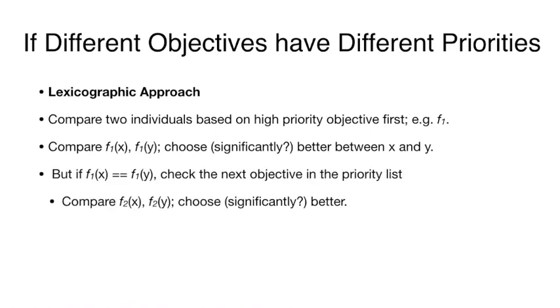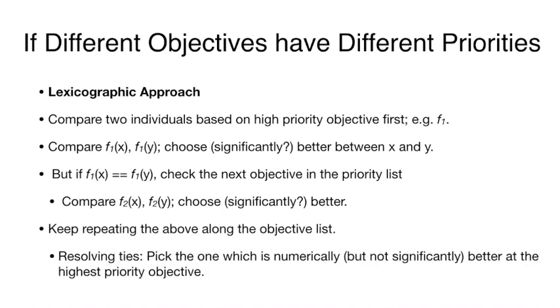If there is no difference or no significant difference between F1X and F1Y, then we move to the next objective on the priority list. And then again we compare whether F2X is better than F2Y or whether it is significantly better. This way we keep checking for all the objectives down the priority list until we can decide which of X and Y is better.